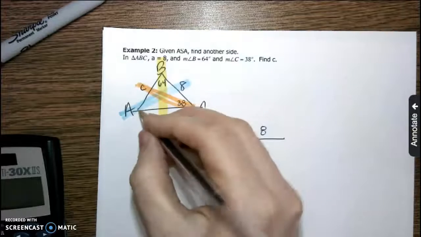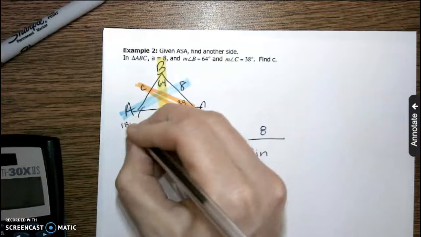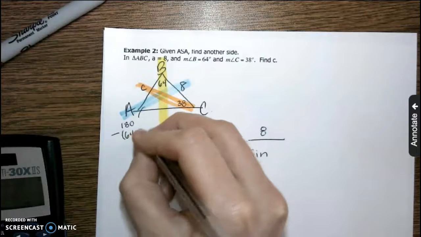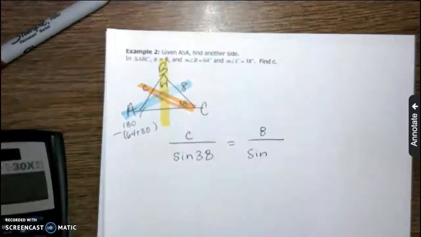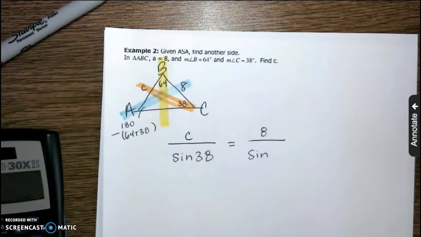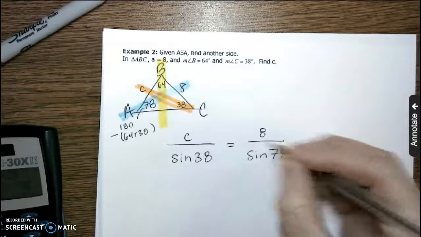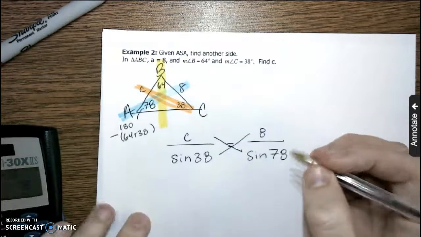So do the same thing we did earlier. Subtract those from 180. 180 minus 64 plus 38, which is going to give me 78 again. We're going to cross multiply.